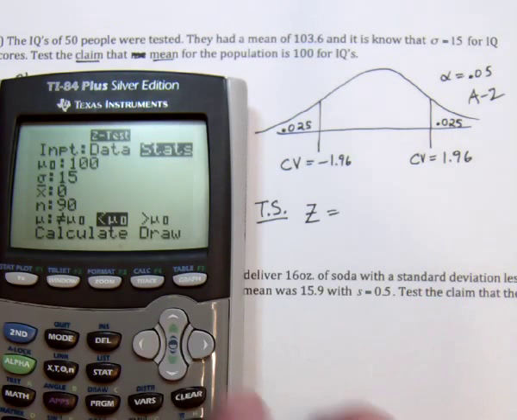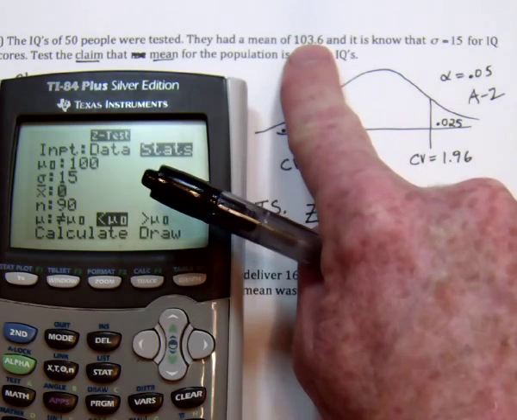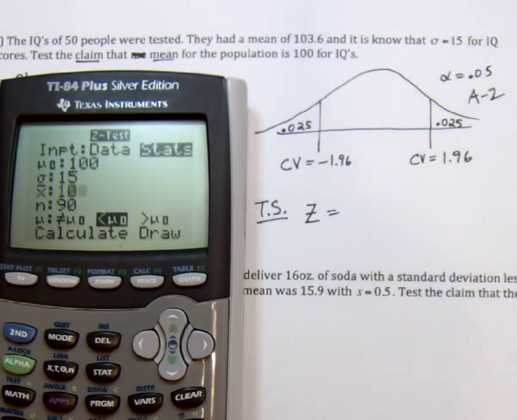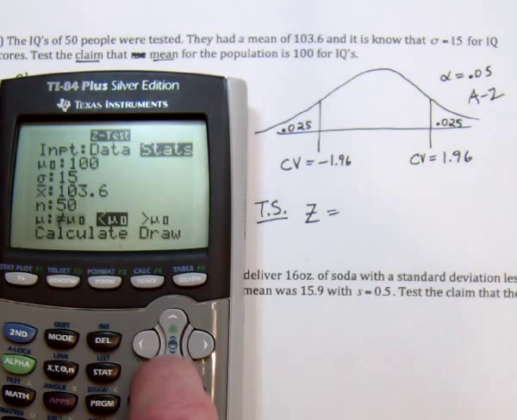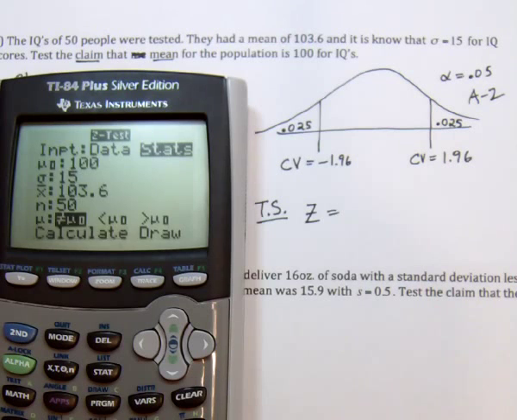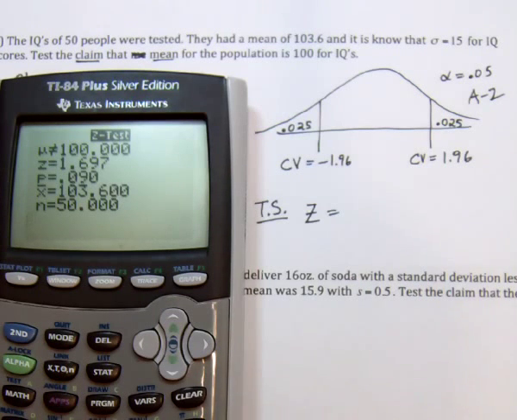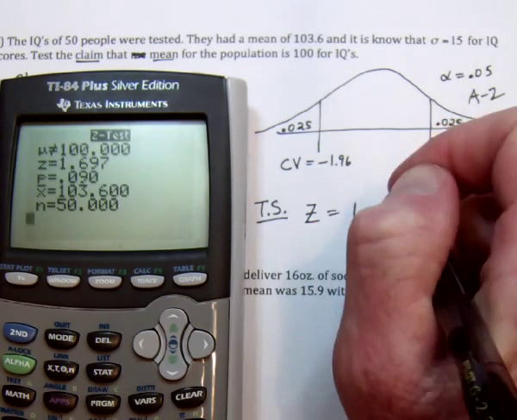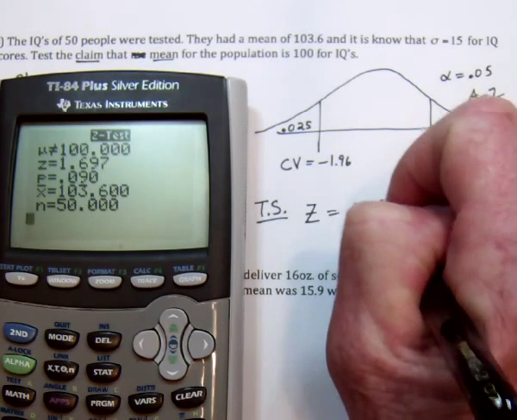The standard deviation sigma is 15. The x bar was 103.6. The sample size is 50 people tested. This makes it two tails. And then calculate. The z equals 1.697.